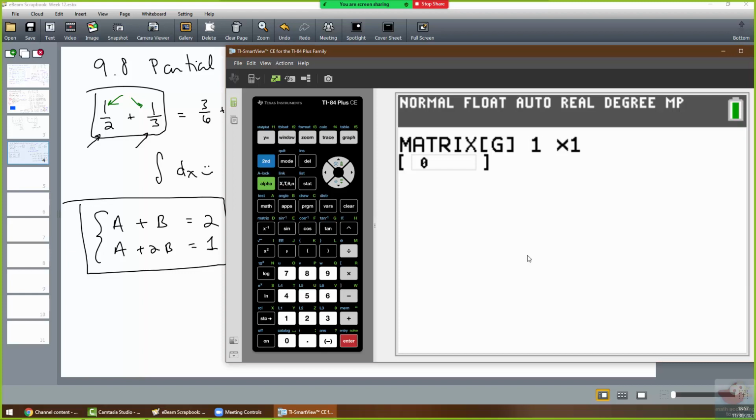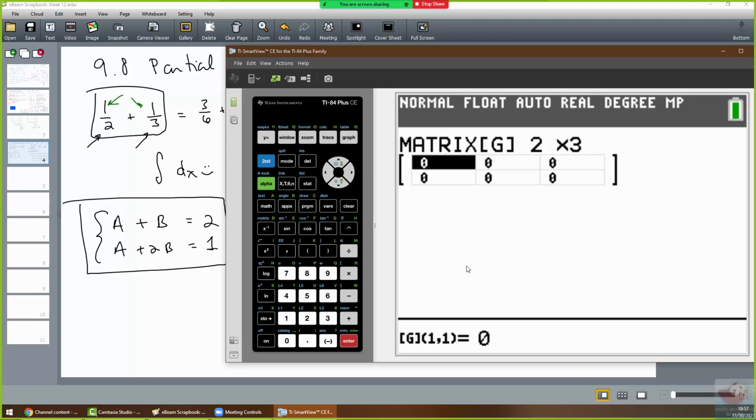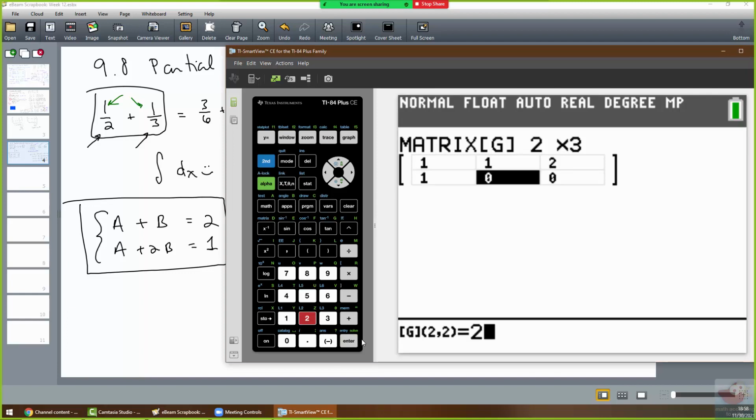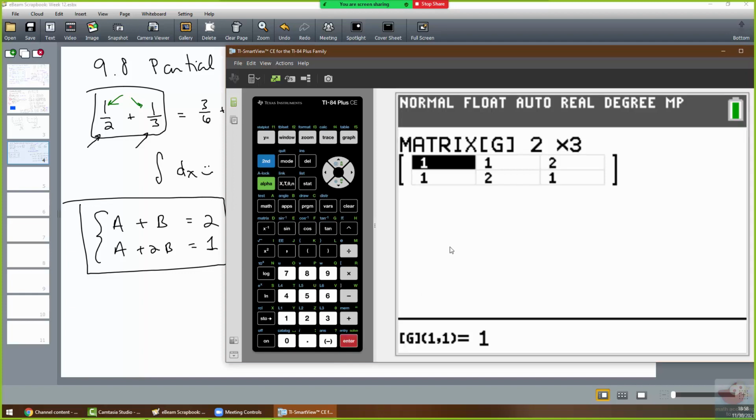We have two equations. We have an A, a B, and a constant, so 3 columns. So we're going to need a 2, enter, 3, enter matrix. 1A plus 1B equals 2 is the row 1, 1, 2. 1A plus 2B equals 1 is the row 1, 2, 1.